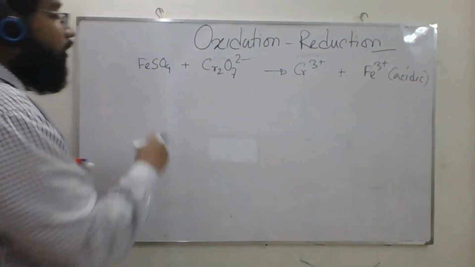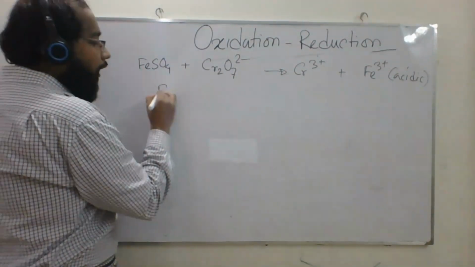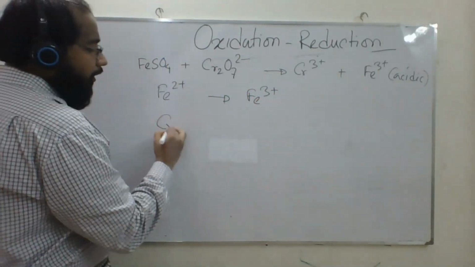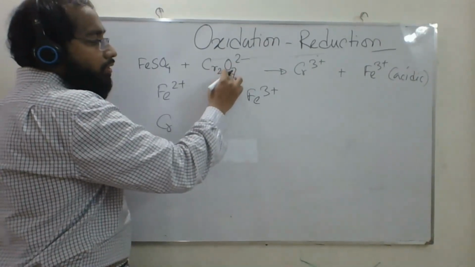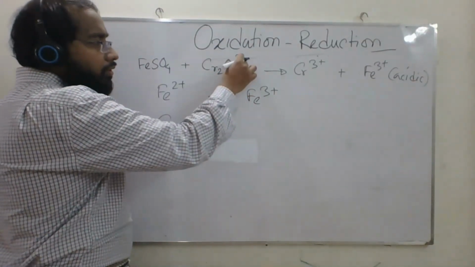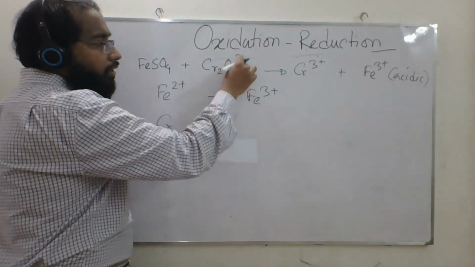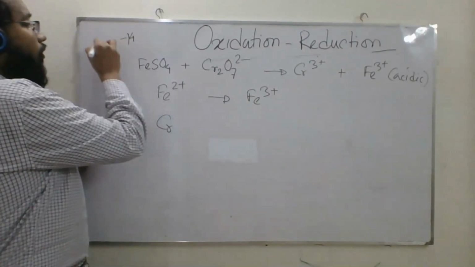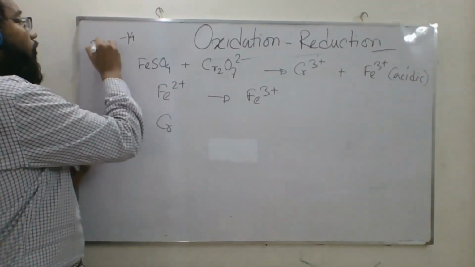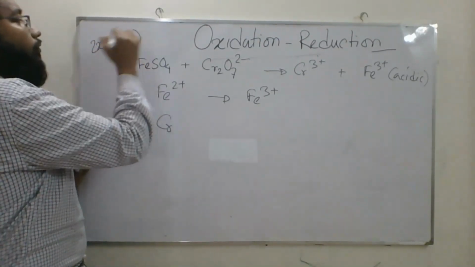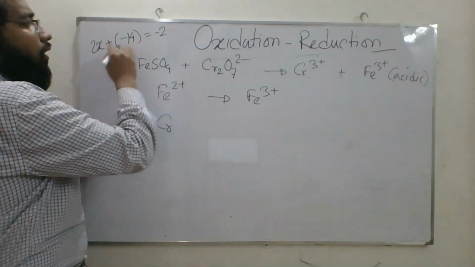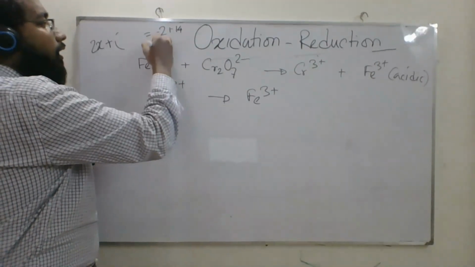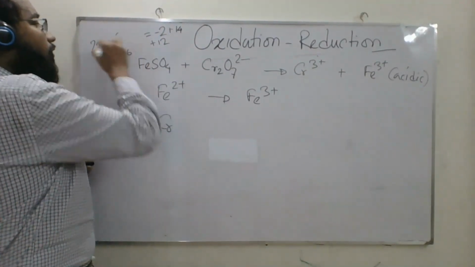If we look at the initial and final stage, iron was 2+, and it is converted to 3+. For chromium, what is the oxidation number? 7 times 2 is minus 14. For dichromate, 2x plus minus 14 equals minus 2. If minus 14 goes to the other side, it becomes plus 14, so it is plus 12, and x equals plus 6.